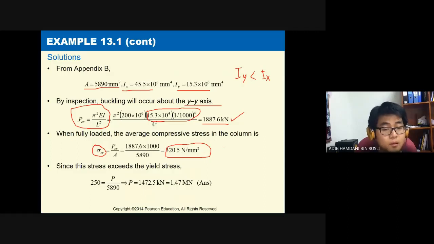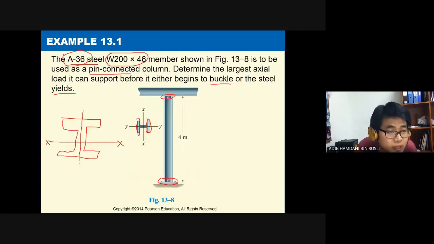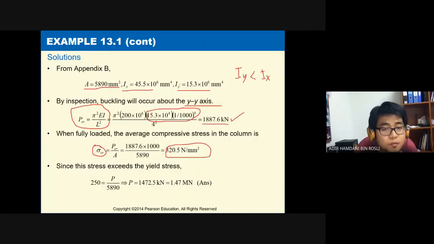Now you have to check this against A36 steel. For A36 steel, the yield strength, sigma y, is 250 megapascal, while sigma critical equals 320.5 megapascal.